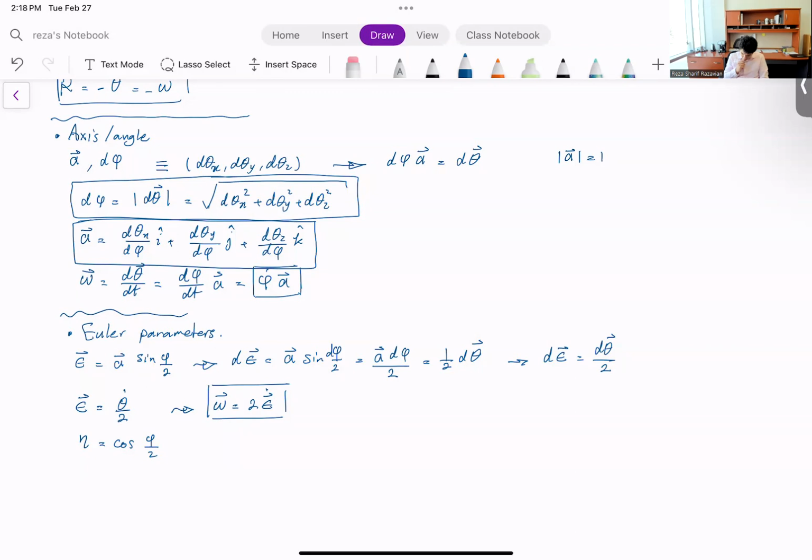I'm not sure whether I should write d eta or just eta. Let me keep it as eta is cosine of d phi, but that doesn't make a lot of sense. And the cosine of a small angle, let's go with this for now, equals 1. So eta is constant.